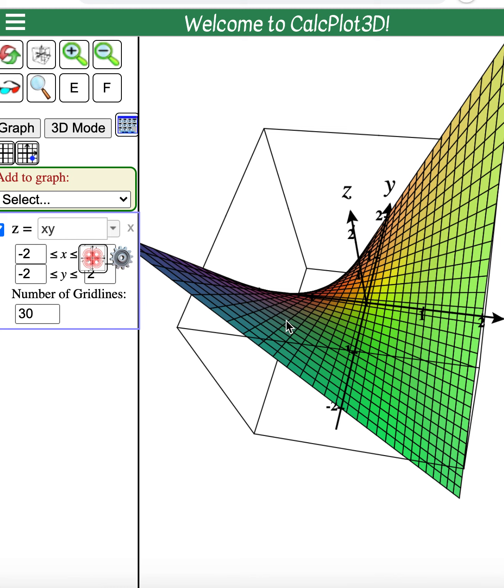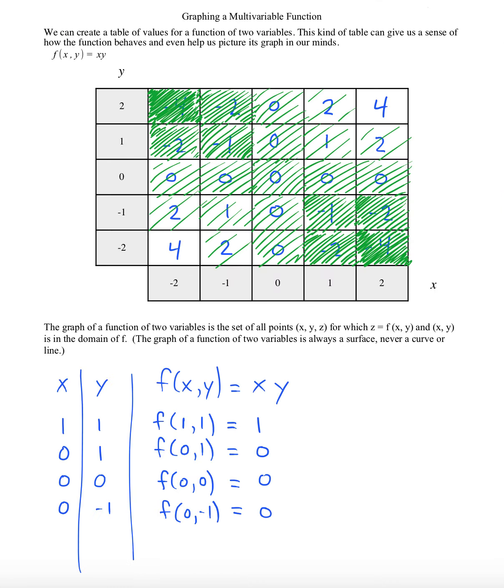Over here, we're doing a negative times a negative, and that makes positive z values, so those go up as well. But in the second and fourth quadrants here, we're going to have negative values because one of either x or y is negative in those locations. So this is just one visual representation of a surface without actually plotting the surface.